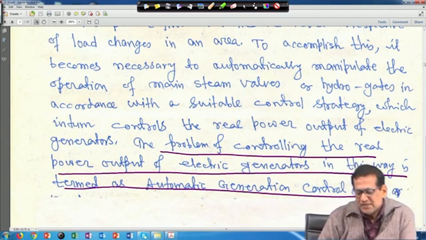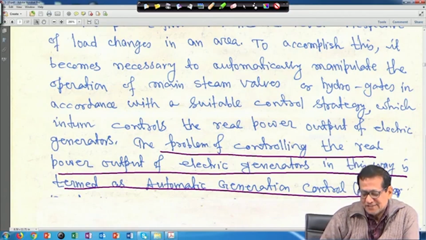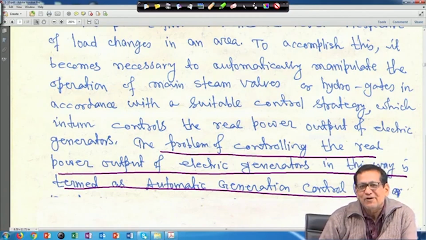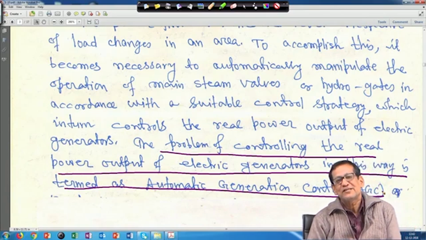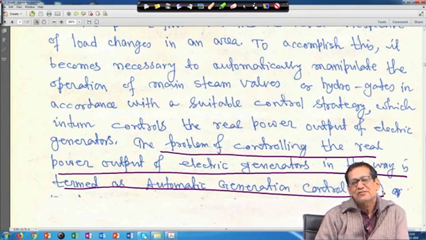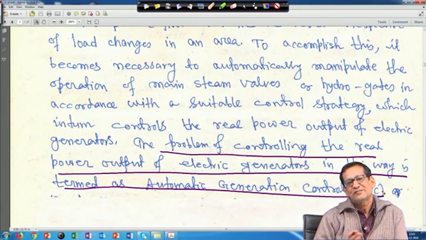Throughout this deregulated environment, we will consider only the steam turbine.